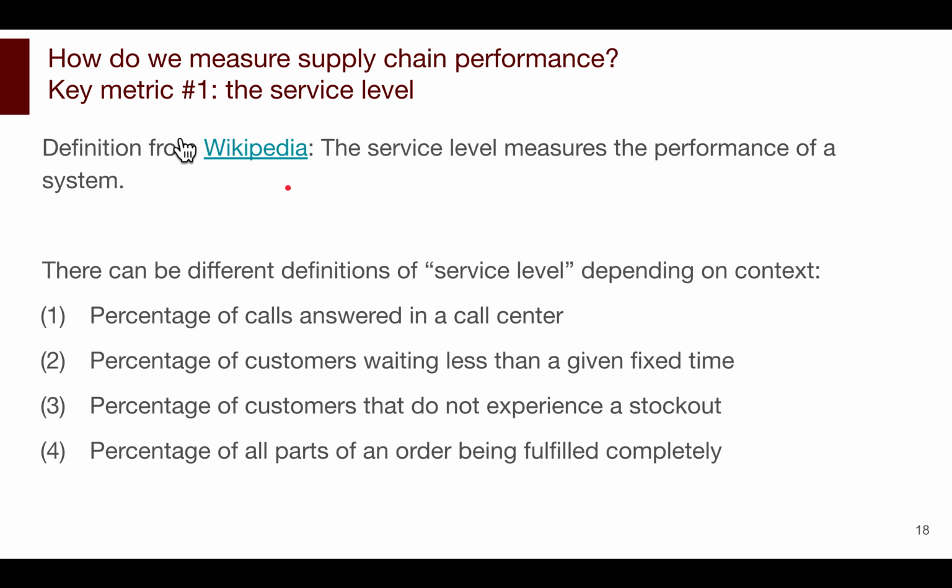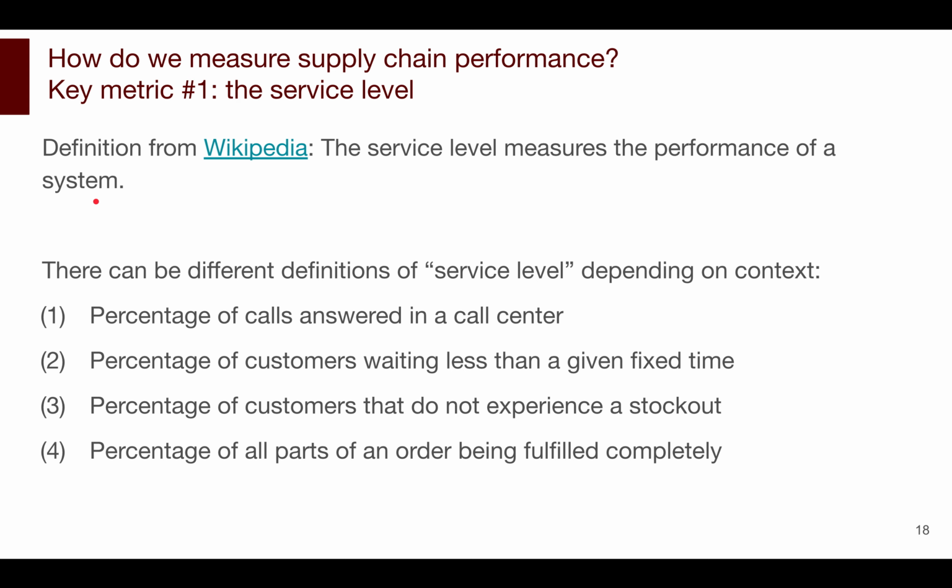Now let's go on to metrics. How do we measure the supply chain performance? So the first metric is the service level, and Wikipedia describes the service level as measuring the performance of a system.